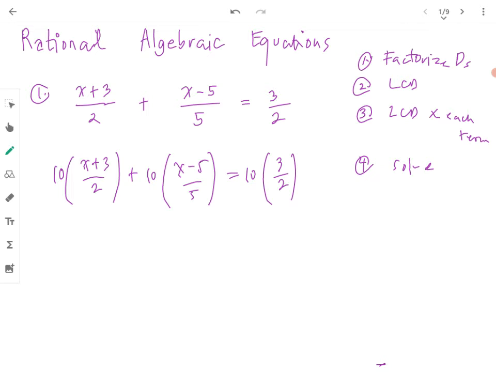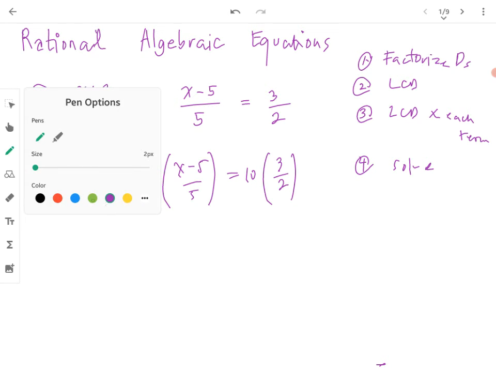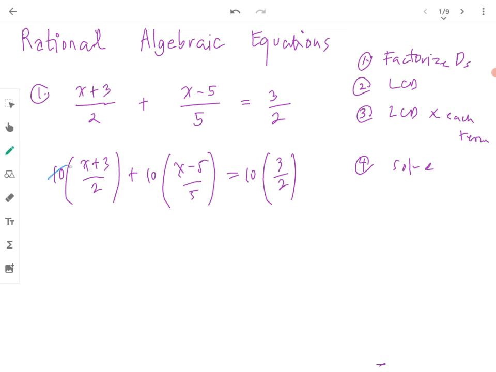So notice that each term is multiplied by the LCD. The purpose is to cancel out: 10 and 2 becomes 5, 10 and 5 becomes 2, then 10 and 2 becomes 5. Then we distribute.